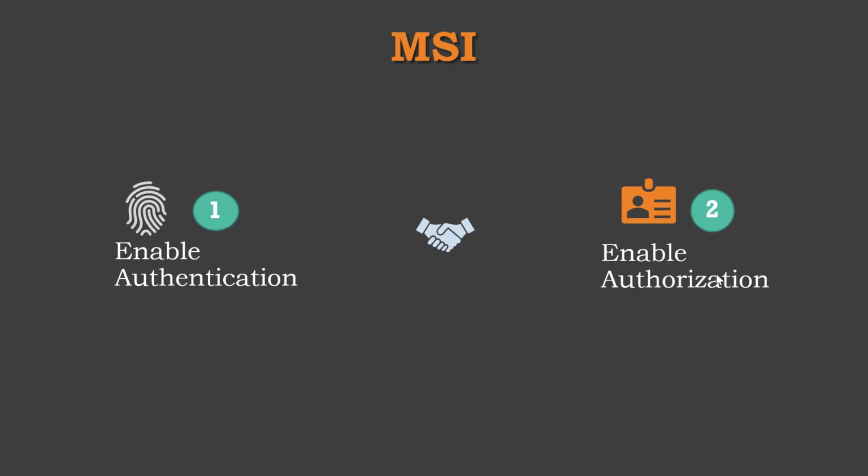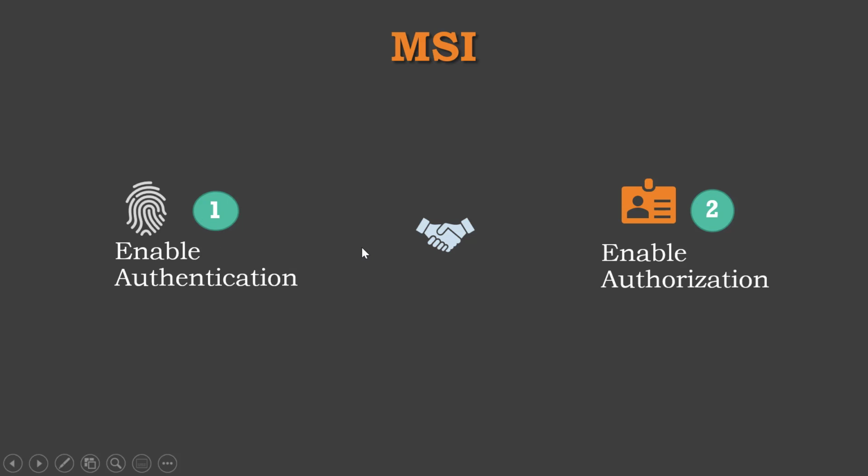But when we enable the MSI on any of the Azure service instances, it only enables the authentication part. It means that whenever your service instance is trying to connect to another service instance, the MSI helps you create the Active Directory token, which is your authentication part, which is part 1 in this section.